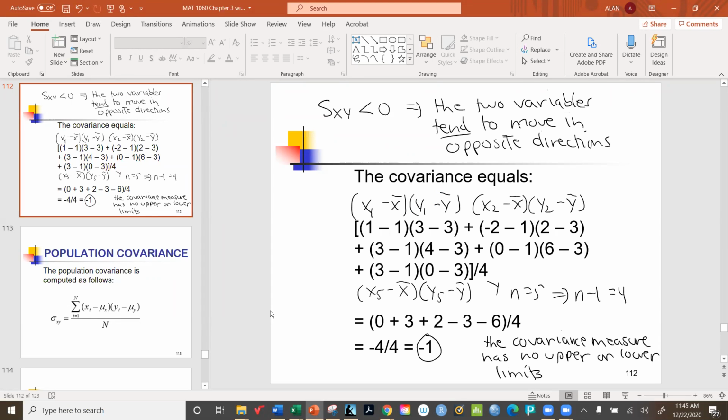Okay, now, before we go any further, I'm going to show you the equivalent version for calculating a population covariance. And you'll see there's a few important differences. I'm going to save one of them as a surprise. Okay, so let's take a look at how you would calculate the population covariance.